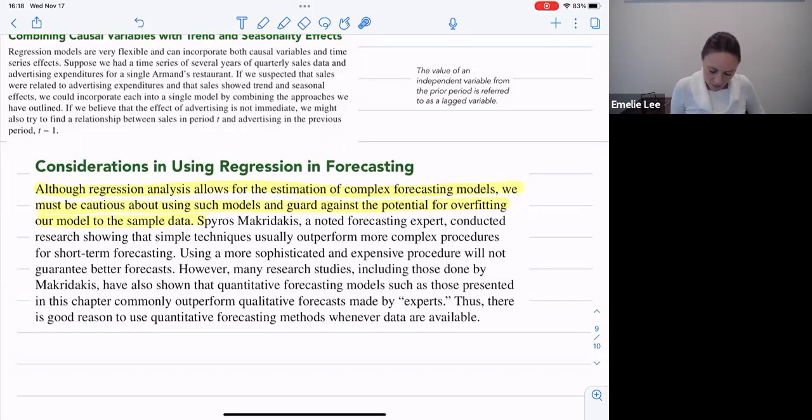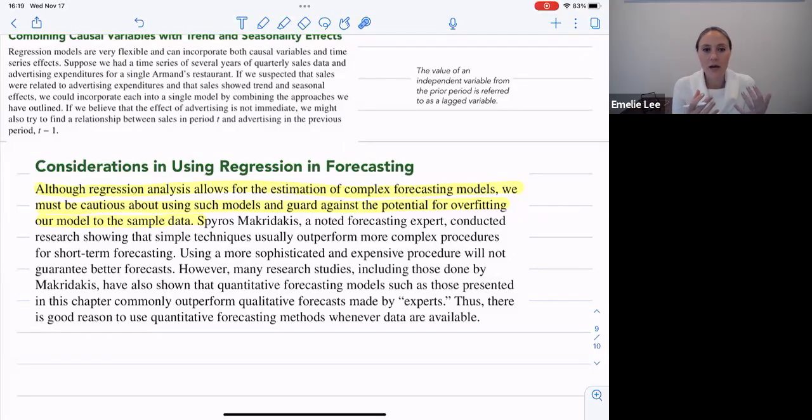Okay, and what's really interesting is that a lot of studies have been done where if we're using these simpler models that we've introduced here, we haven't talked about anything truly complex, then they often outperform the more complex models.